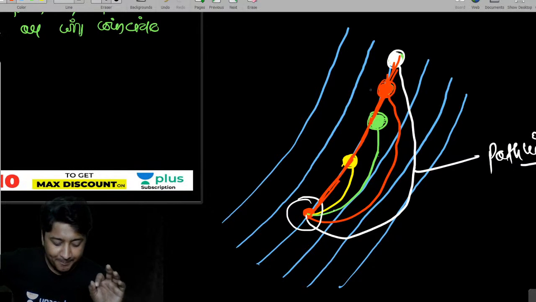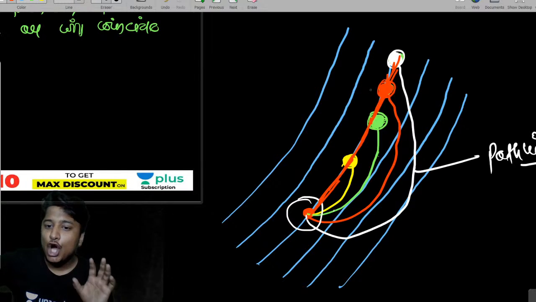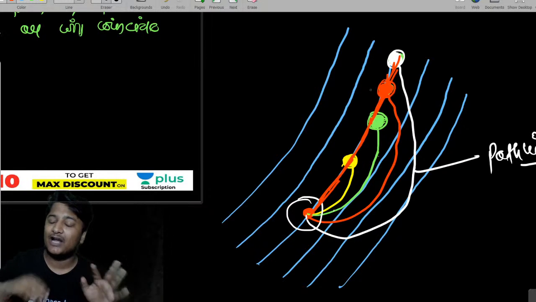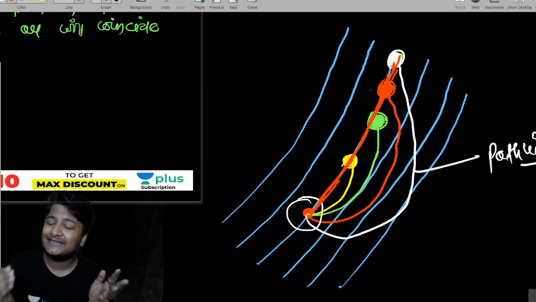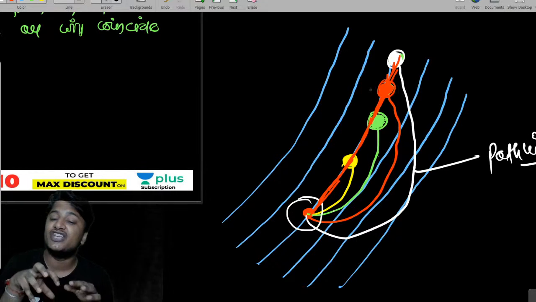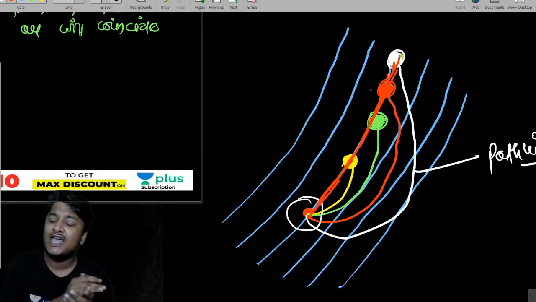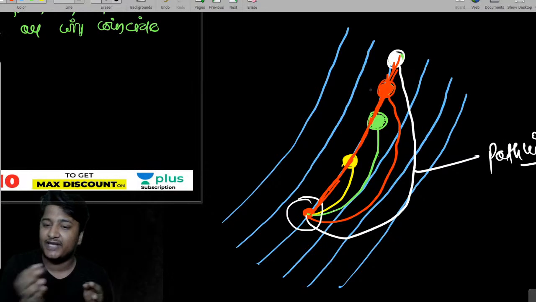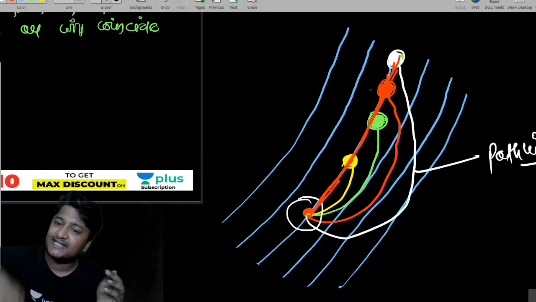समझ में आया? When the flow will be steady, all these path lines will pass through the streak line only. Why? Now the velocity is same. These path lines are formed only because there is a variation in the velocity, variation in the fluid particles' properties. और अगर ये चीजें नहीं हो रही हैं तो डेफिनेटली वो सारे एक ही जगह से पास करेंगे.